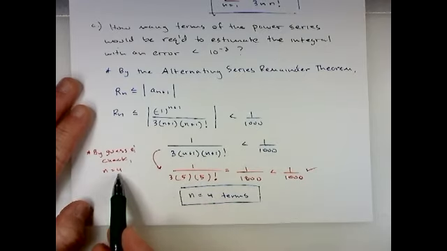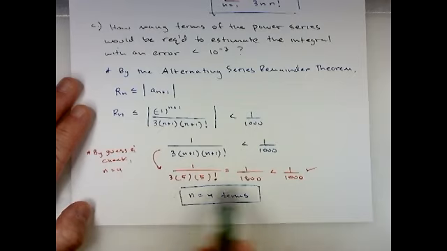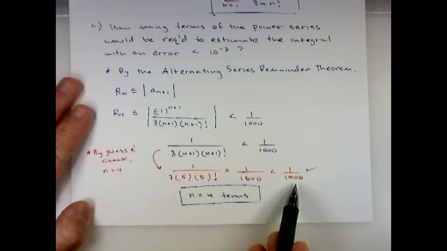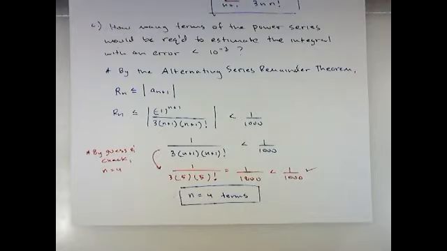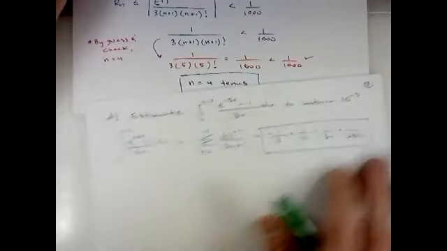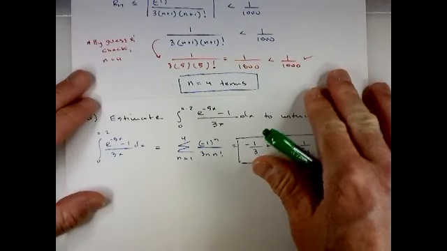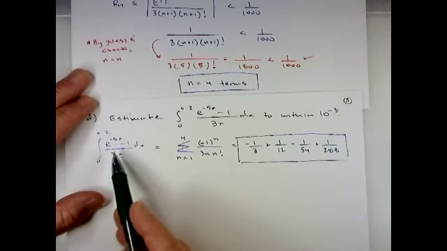If you try n equals 4, you'll see that would be the first value that gives you a fraction less than 1 over 1,000. What that tells us is we need to use 4 terms of our series to approximate the integral to within 1 over 1,000.